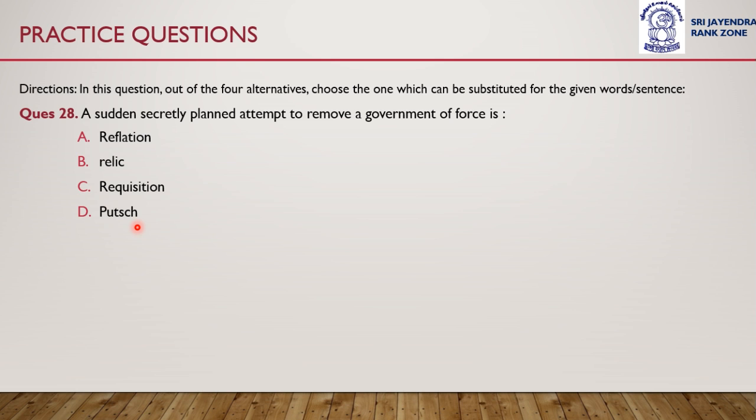Out of all these four options, which one can be used to substitute the given sentence? A sudden, secretly planned attempt to remove a government by force is.